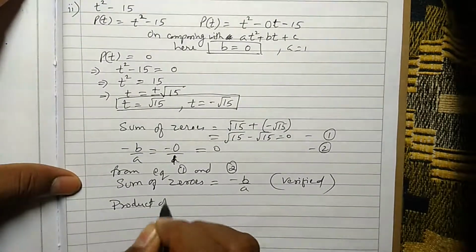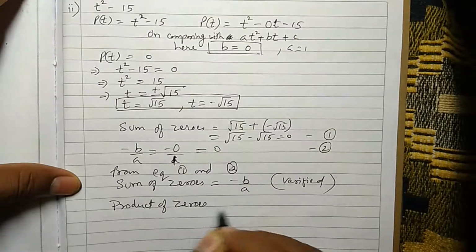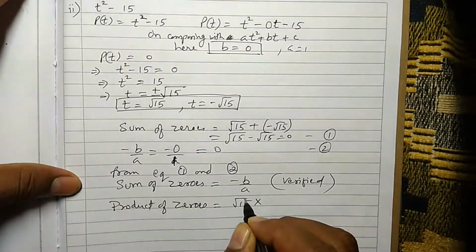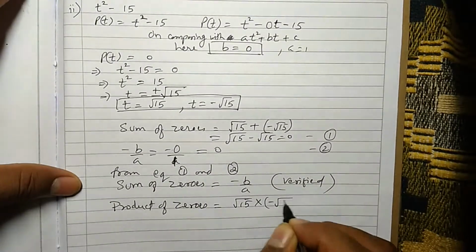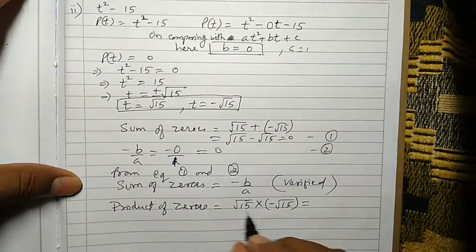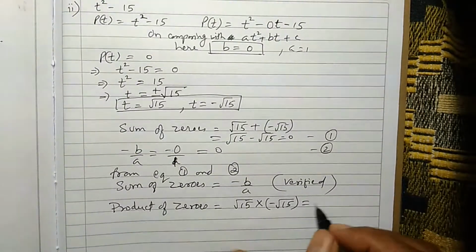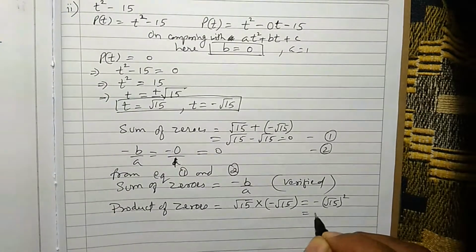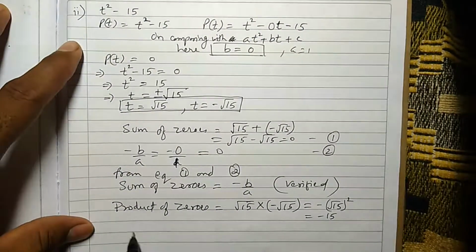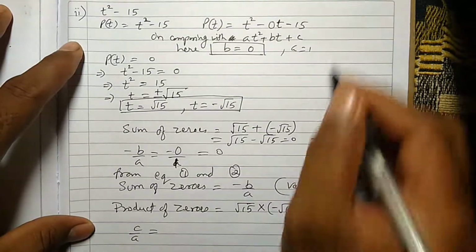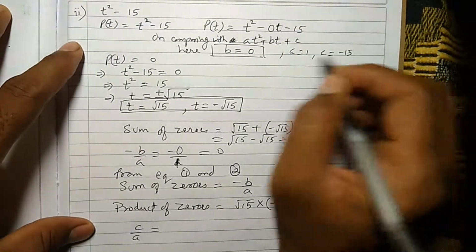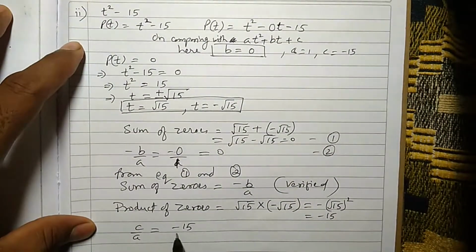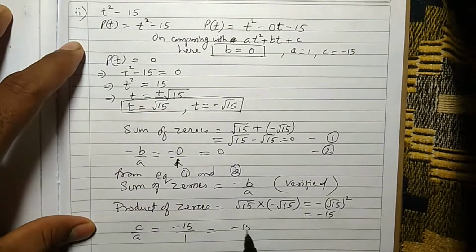Second is product of zeros. So let us multiply the zeros obtained. Root 15 into minus root 15, you will get root 15 into root 15, which is actually root 15 square, and with the minus sign, so you will get minus 15. Now c upon a equal to, as c here is actually minus 15, you will write minus 15 upon 1, which is equal to minus 15.